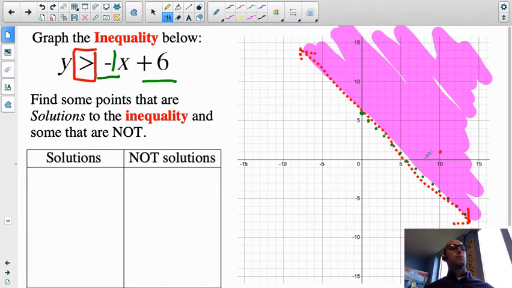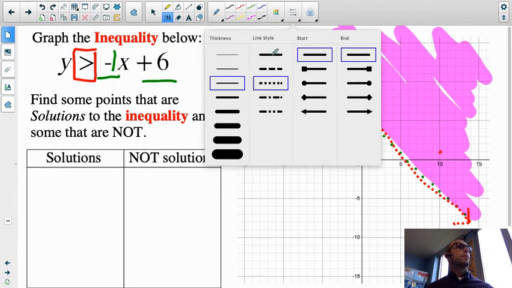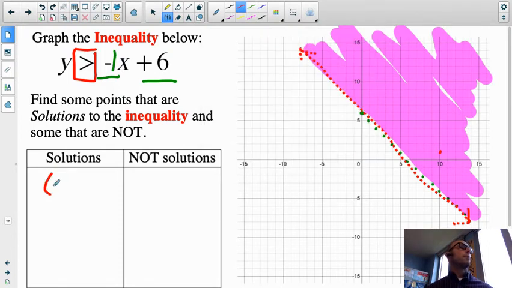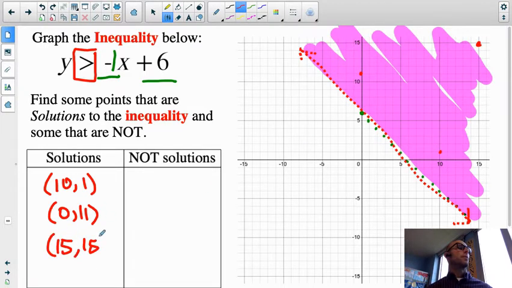So like 10, 1, right? 10, 1 is definitely a solution. 0, 11 is a solution, for example. 15, 15 would be a solution. That's way over there.